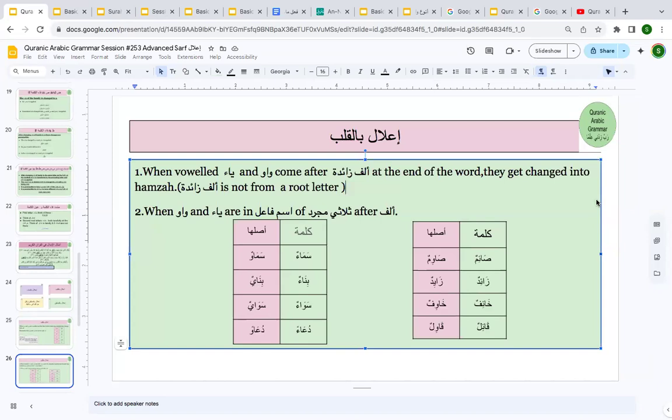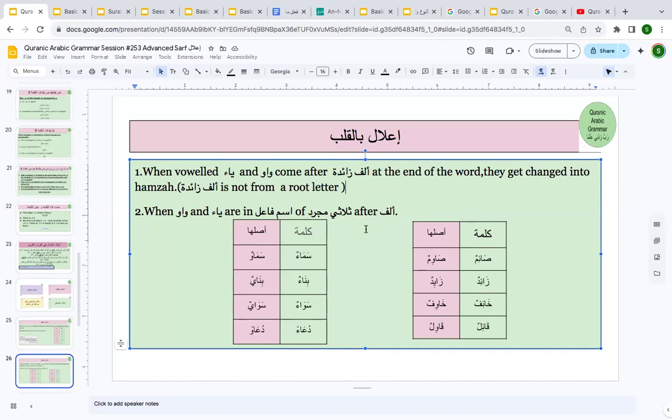But again, as I said, there are going to be a lot of exceptions, right? And you are also noticing in that word, you are seeing this in two cases as well, right? I have put the two cases here. Your waw and ya are at the end of the word, right?